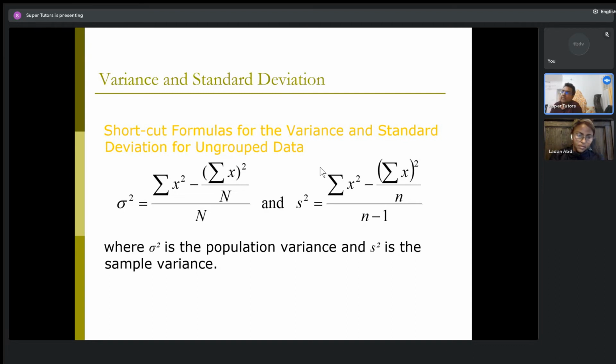So any luck with the final answer yet? Just subtracting and I'm going to divide. Okay.